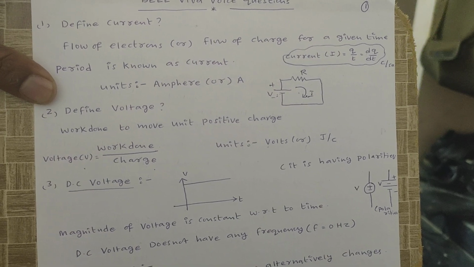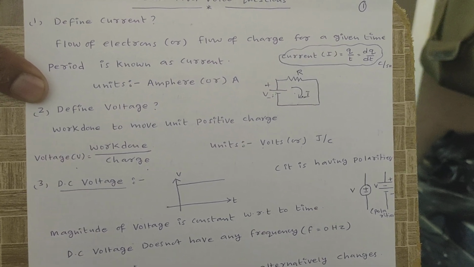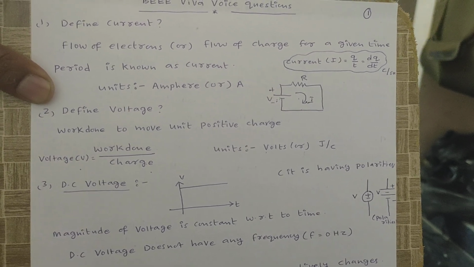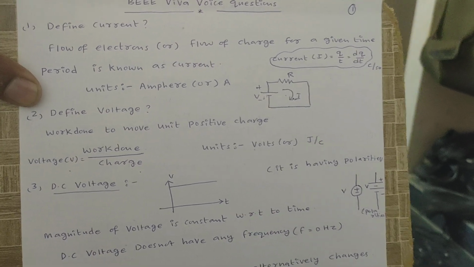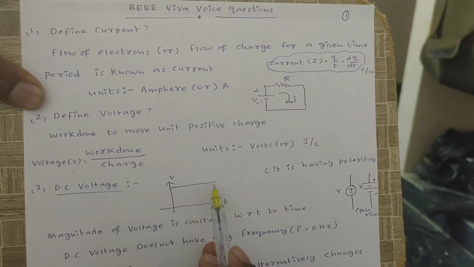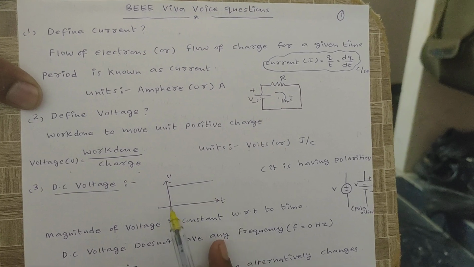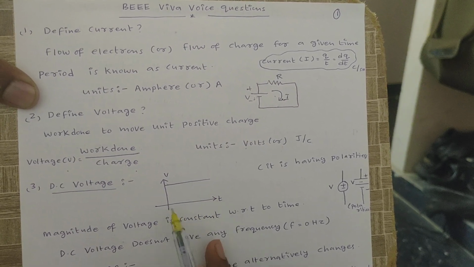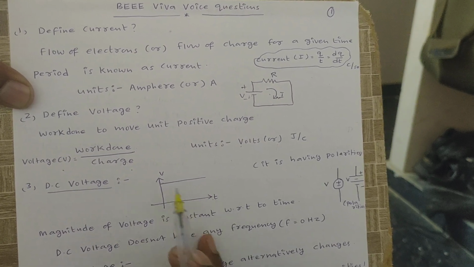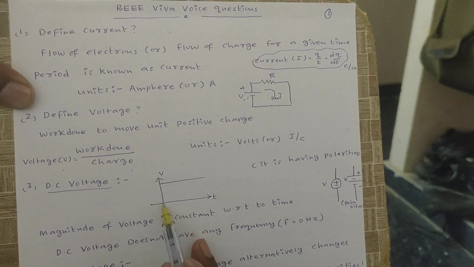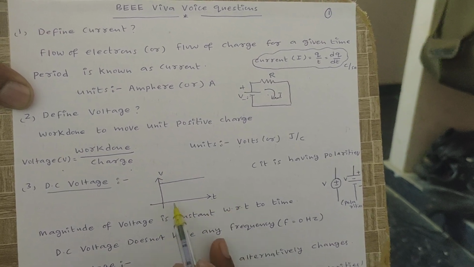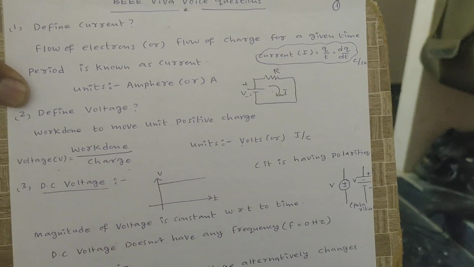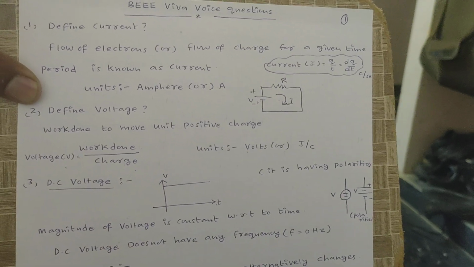Next question is DC voltage. There are two types of voltages, DC voltage and AC voltage. In case of DC voltage, the magnitude is constant with respect to time. On the x-axis is time and on the y-axis is voltage. Time varies from 0 to infinity, but the magnitude of voltage remains constant. That is DC supply.